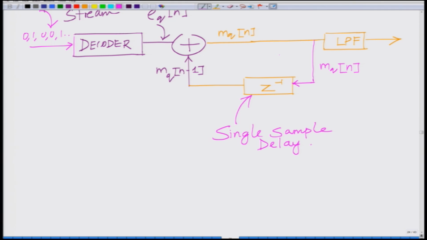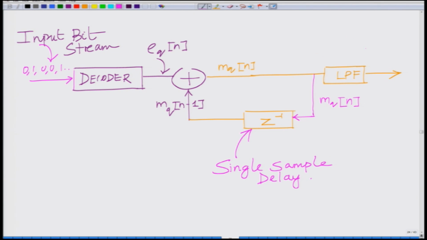Therefore, you get MQ of n, and this is your reconstructed signal. So, this is a very simple schematic.